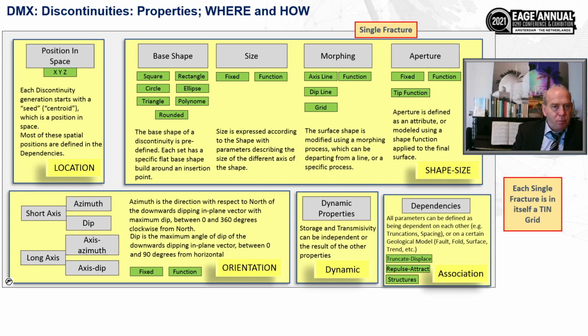So a position in the space can be a position linked to geological structures, shape, size, morphing, kinds of shapes it can have, apertures, and then on the other side the orientation of the feature in space, dynamic properties can be attached to the feature, and then on the right bottom all the dependencies of all these different parameters on geological structures.